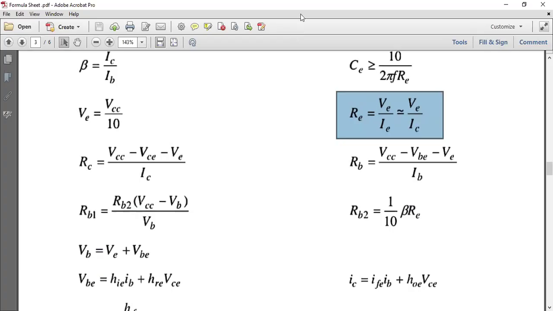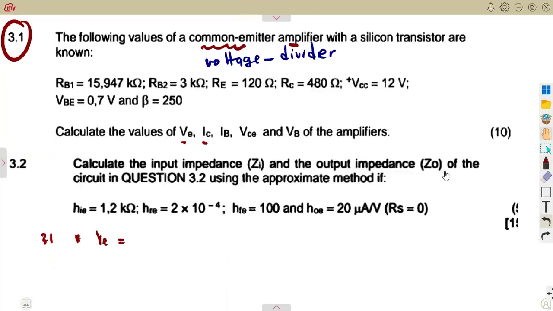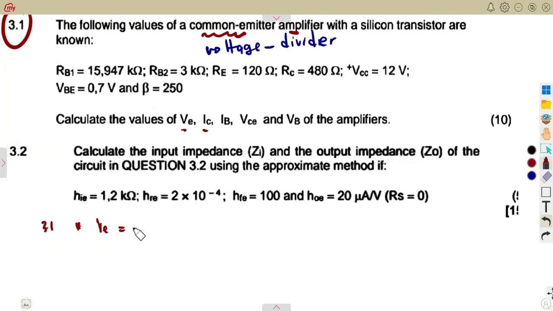Since we cannot have this one straightforward, we can think of RE being equal to VE over IC. Remember that IE is approximately equal to IC, so you just use IC there. In this case, we make VE the subject by cross multiplying, so you end up with VE being equal to RE times IC, which is IC RE.